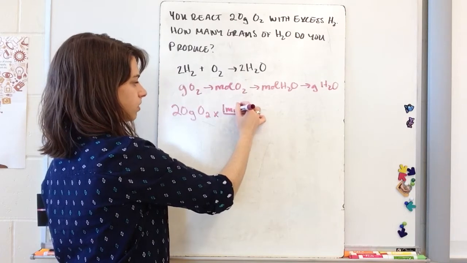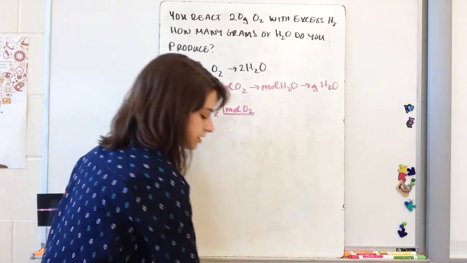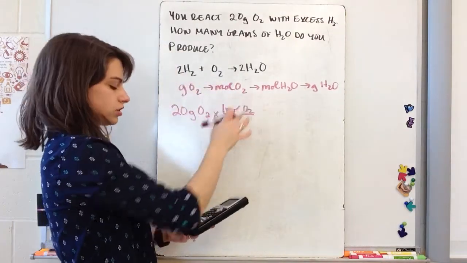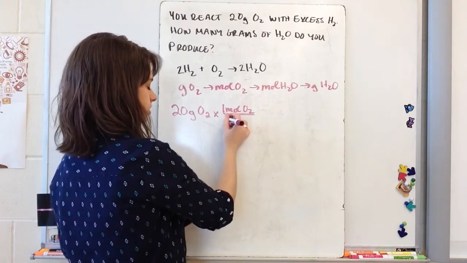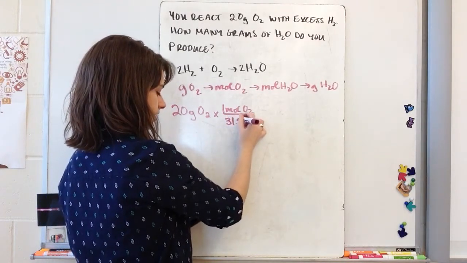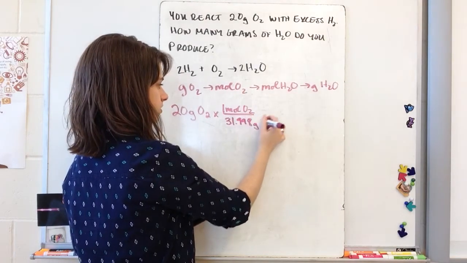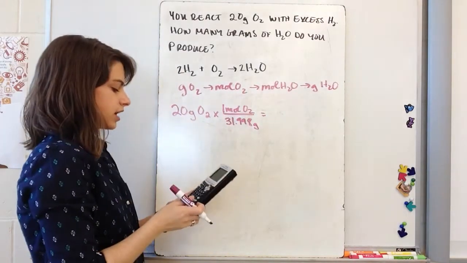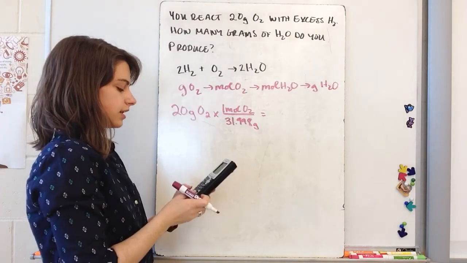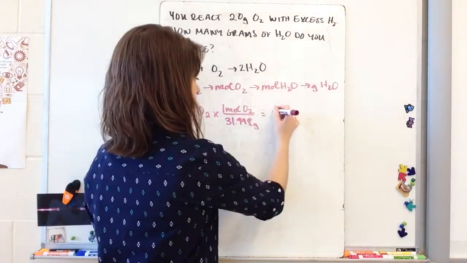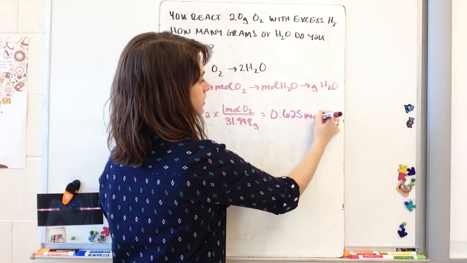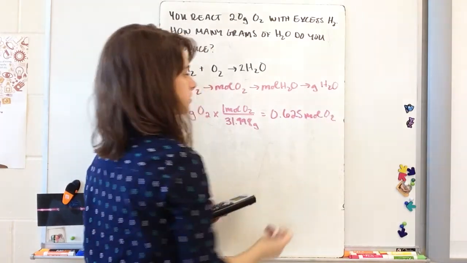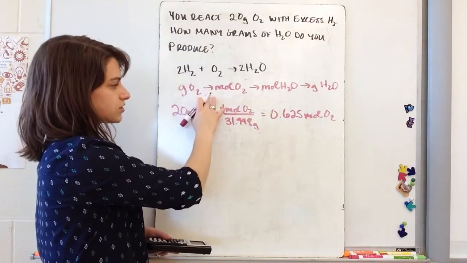So 1 mole of O2 is equal to 15.999 times 2, which gets me 31.998 grams. So I have 20 divided by 31.998, which gets me 0.625 moles of O2.